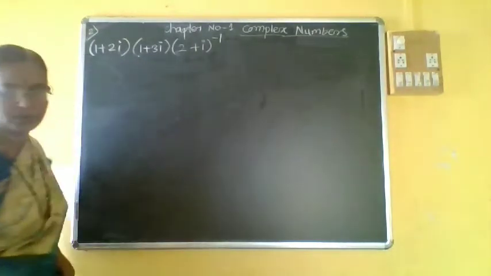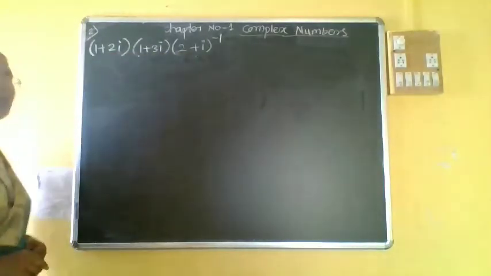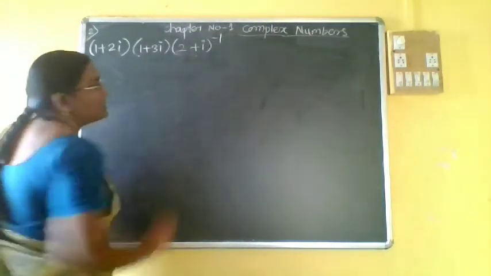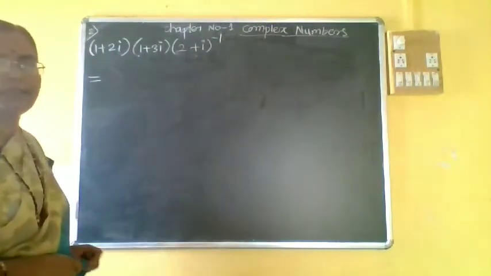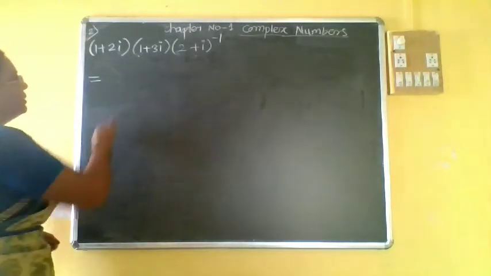This is of the type of multiplication of three brackets, and let us see how to perform it. Raised to minus 1 means the index is negative. How to make it positive?